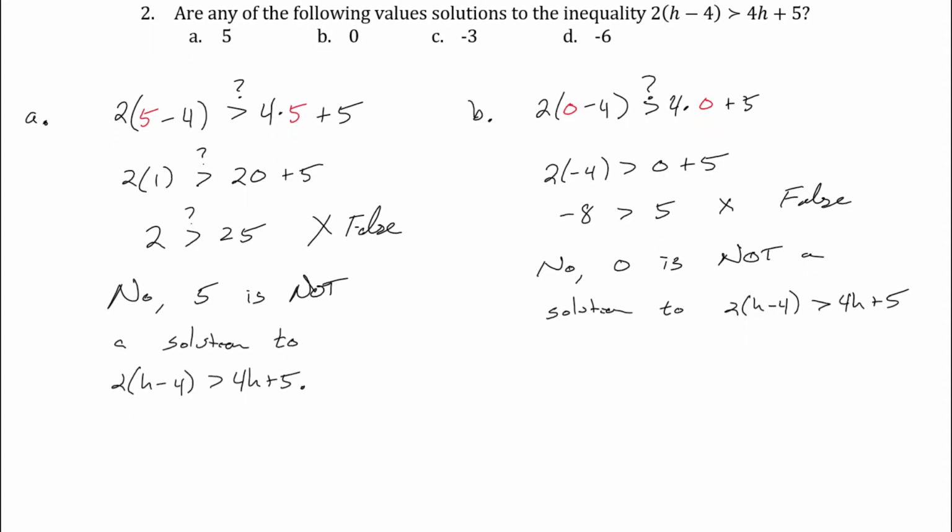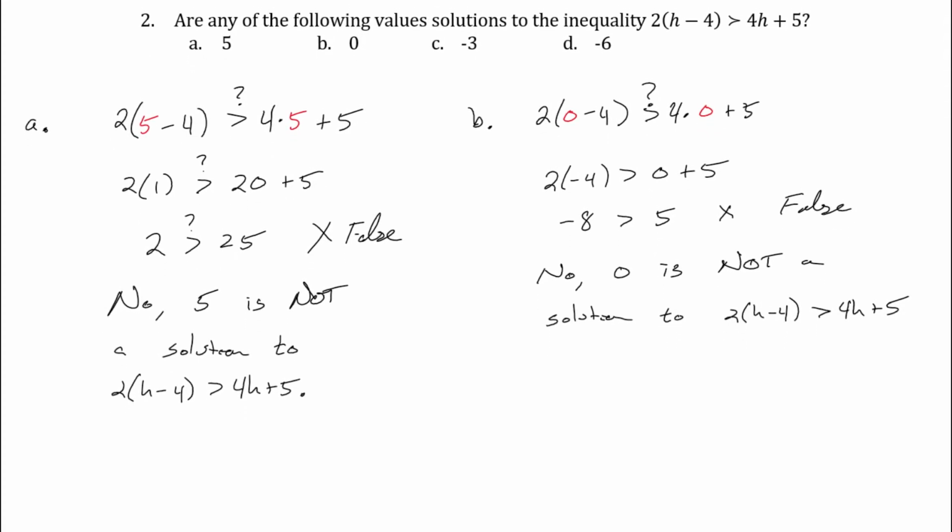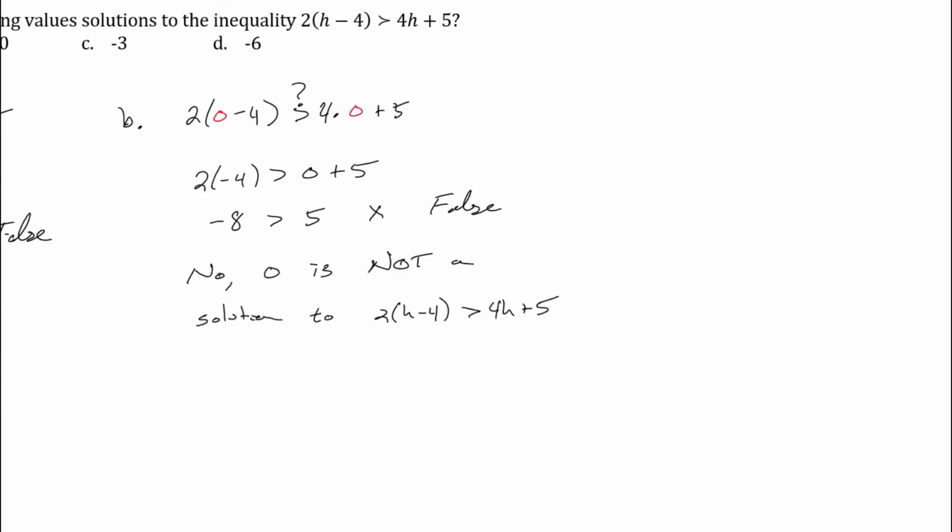All right, moving on. We need part C. So for C, we have 2 times, we plug in negative 3. Negative 3 minus 4. Is that greater than 4 times negative 3 plus 5? On the left side, we get 2 times negative 7. Is that greater than negative 12 plus 5?